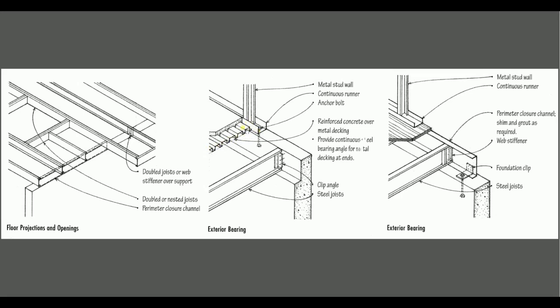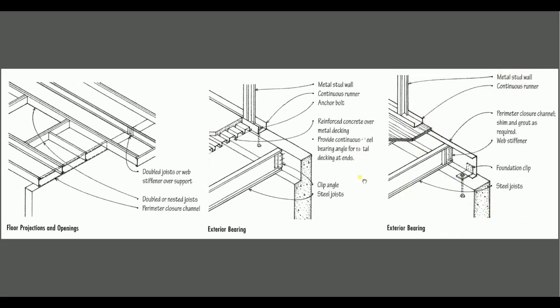It is the same thing as the heavy steel construction. We use the metal sheet here. We put the concrete topping. Yeah, that's the floor system. Also we can use the wood construction here. This is a combination, so sometimes we use the combination.